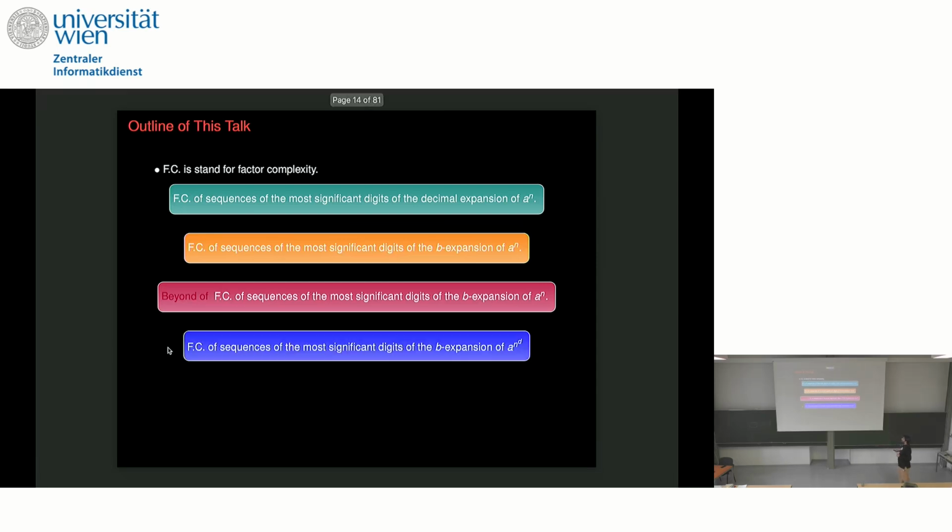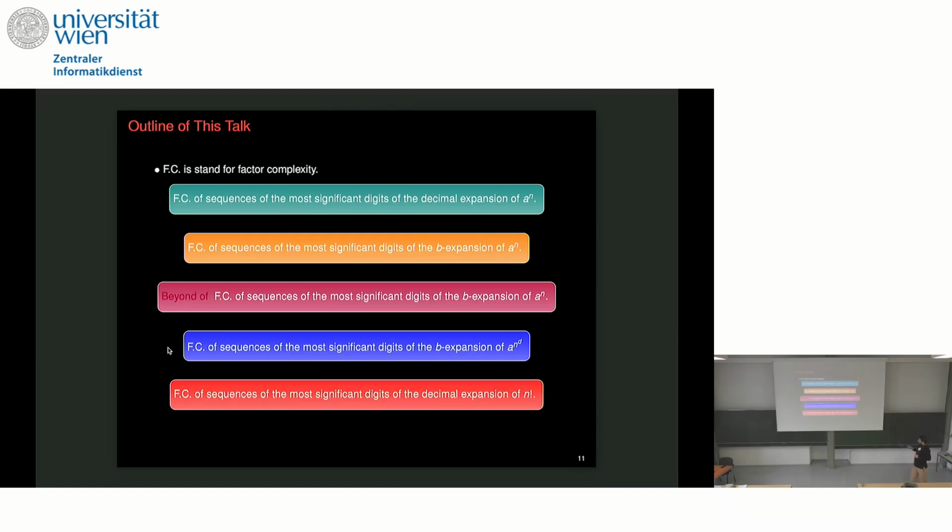And later we will discuss a more generalized case: a rotation where A and D are fixed. And after that, we will discuss the most significant digits of n factorial and the gamma function.